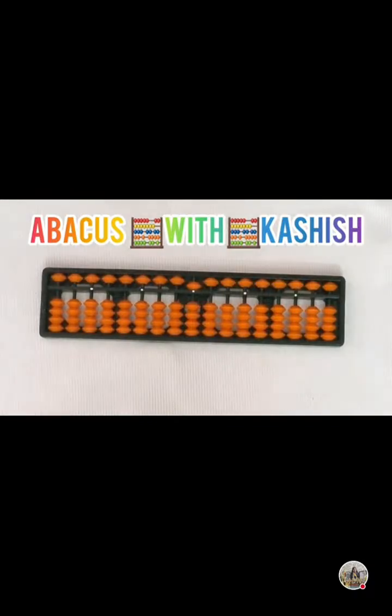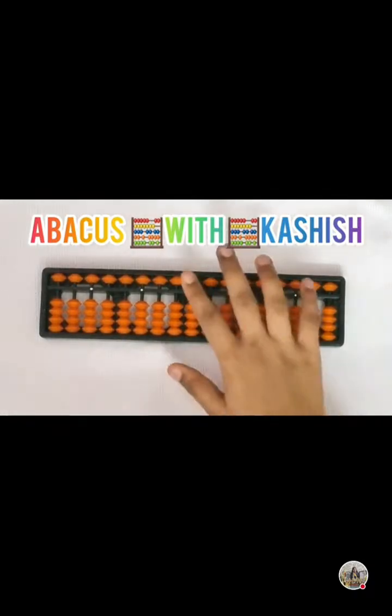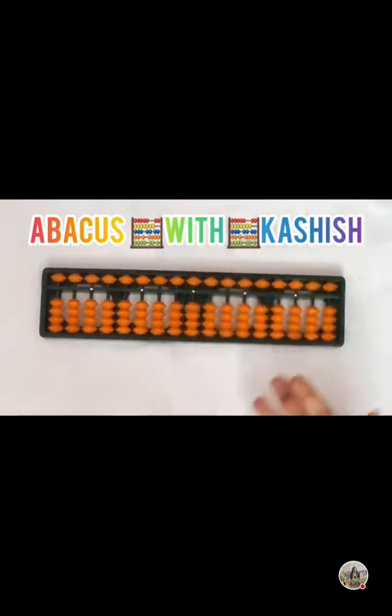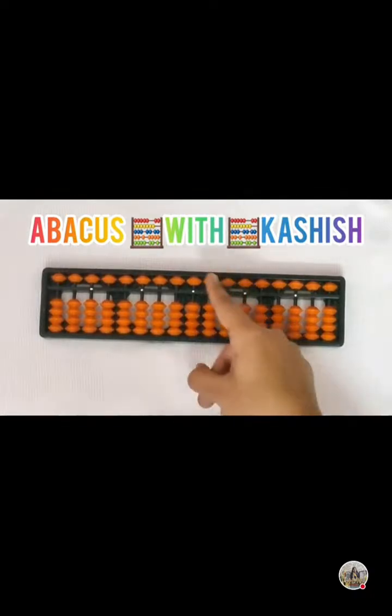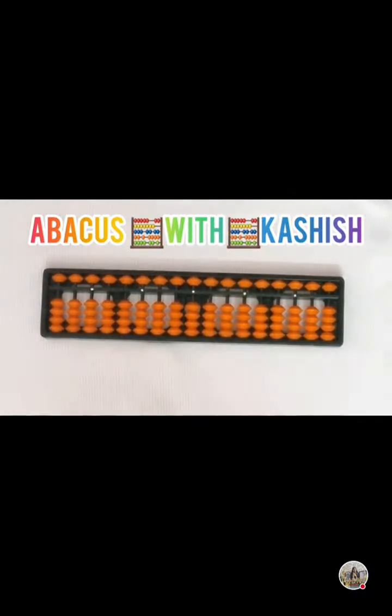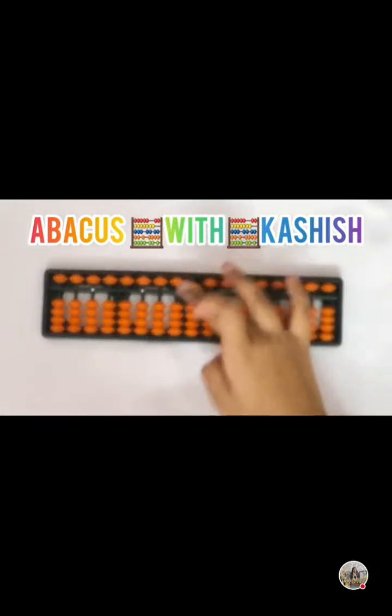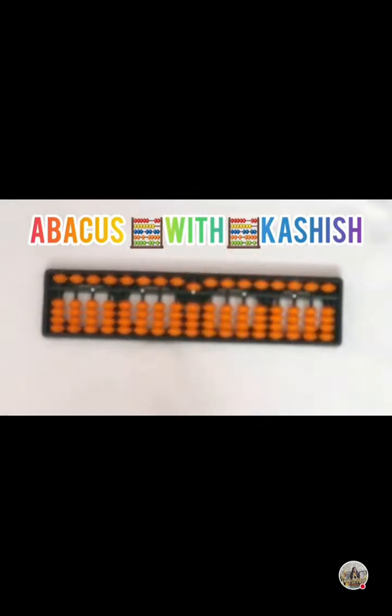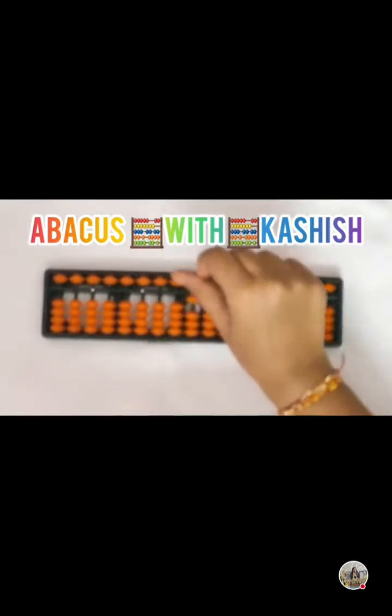If I want to add 6, how will I add it? I cannot add it directly, obviously, because I don't have 6 beads here. What will I do? I will take the help of both upper beads and lower beads. So if we say we are adding 5 here, we need to add 1 more. How will we add 1 more? By simply adding 1 lower bead.